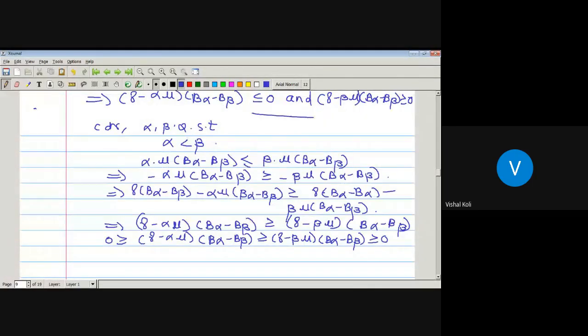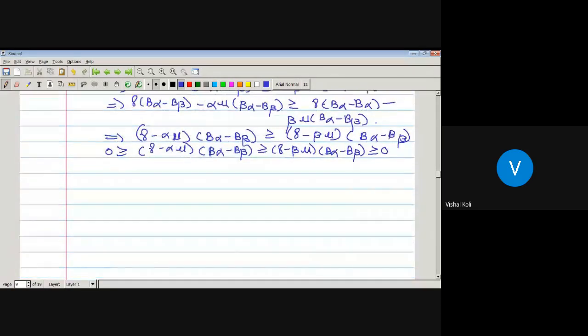Okay, so as these measures are less than or equal to 0 and greater than or equal to 0, both are the same, which implies (gamma minus alpha mu)(b alpha minus b beta) must be equal to (gamma minus beta mu)(b alpha minus b beta).